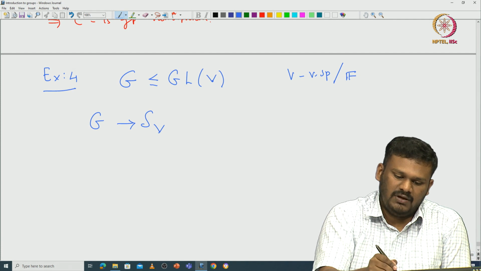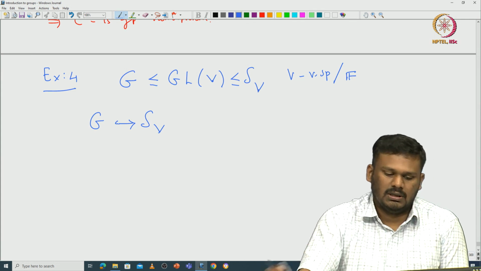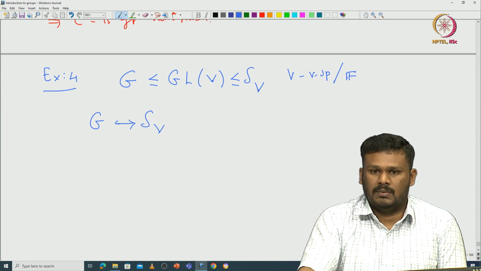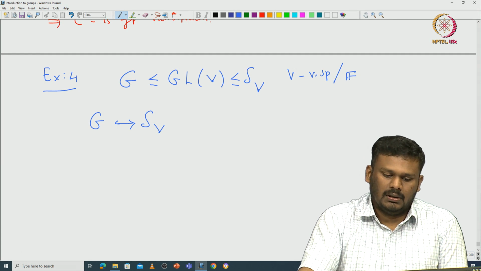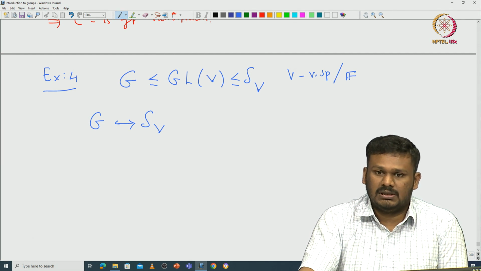Because GL of V sits inside SV, the natural inclusion is going to give you a group homomorphism. GL of V is nothing but the set of all invertible linear maps, which means they are all bijective maps.